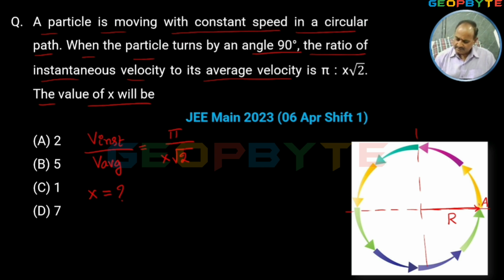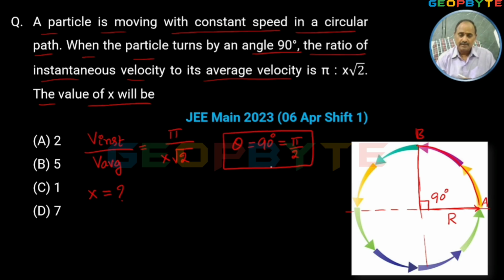That means the particle is moving from A to B. The angle turned by the particle is 90 degrees. That is the angular displacement. Of course, that 90 degrees is equal to pi by 2. Angular displacement divided by time gives the angular velocity.